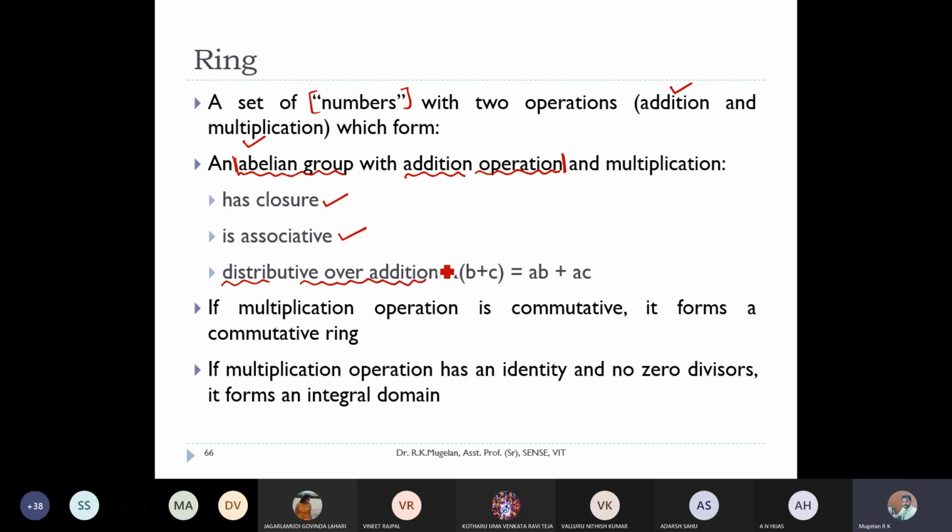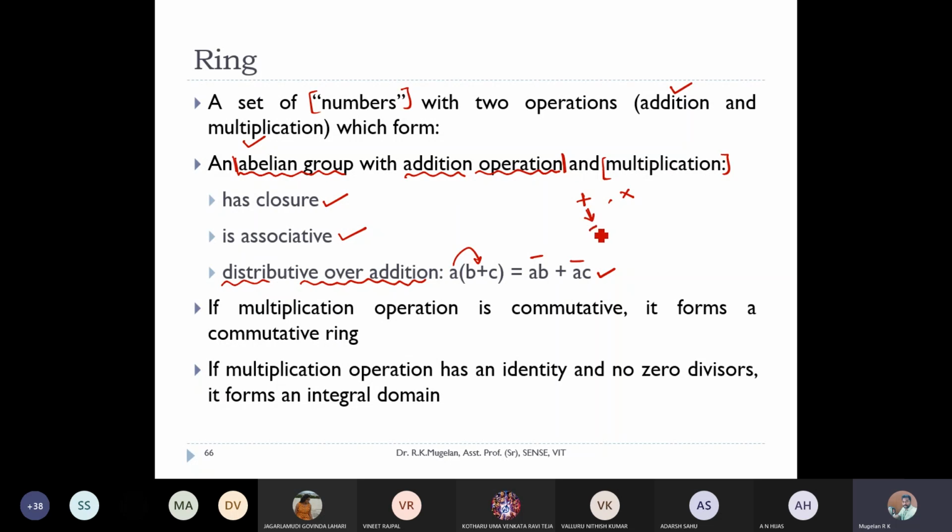That is a combination of both addition and multiplication. A times (B plus C) will be equal to AB plus AC. If these properties are satisfied by this multiplication operation, then I can call the particular set a ring. That is, your ring will have an addition operation and a multiplication operation.